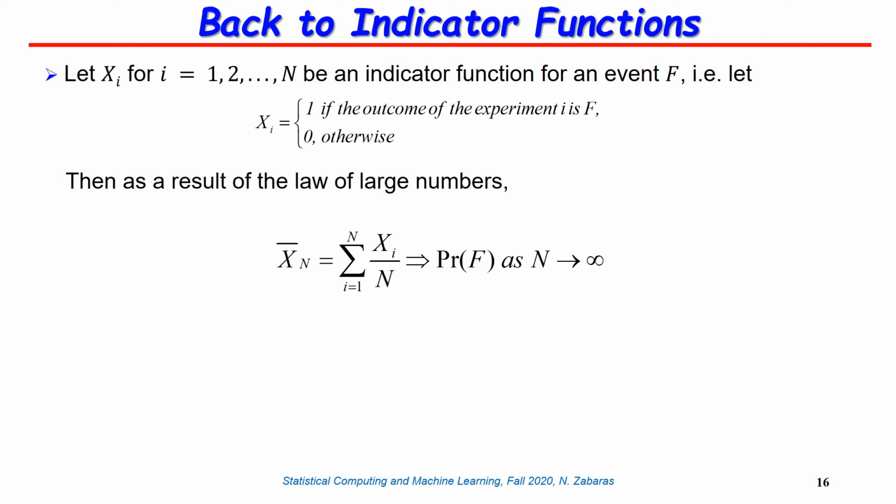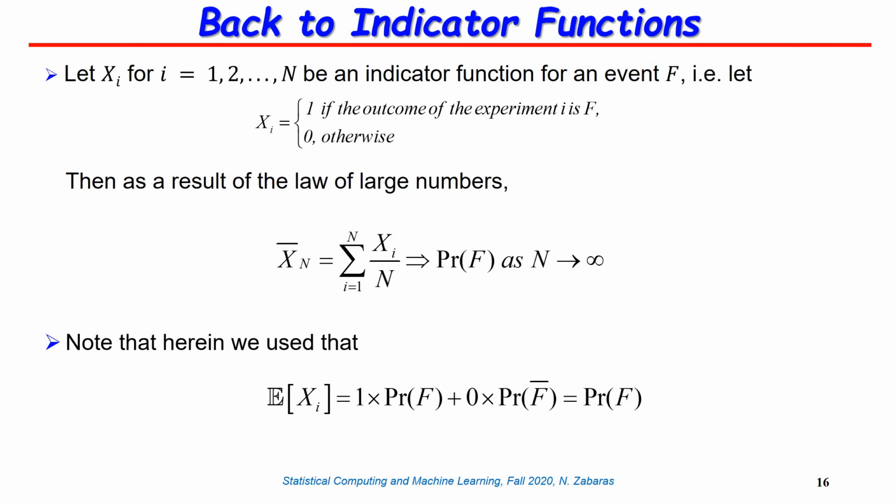So the value was 1 or 0, which means if you compute the expectation of an indicator function, you can think of the indicator function that represents being inside the circle or outside the circle.